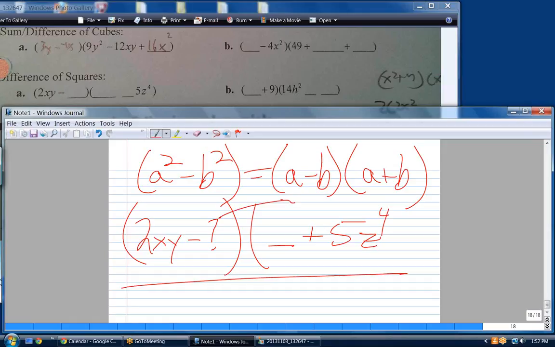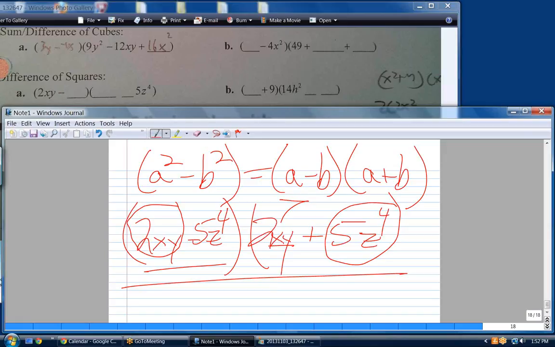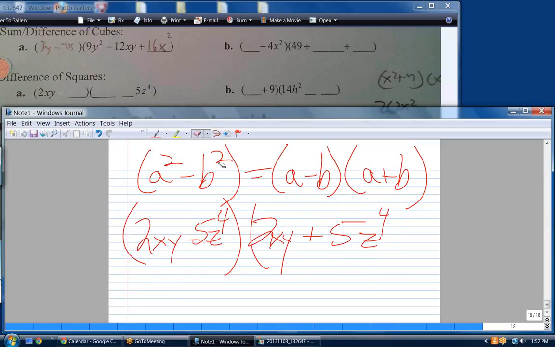So this corresponds to this. So a minus b is that. So we know a has to be this term. What does b have to be? B has to be that term. So this has to be a minus 5z to the fourth times a 2xy plus 5z to the fourth. See how these are being done? It's a little tricky. They've tricked it up so much that it's very confusing.